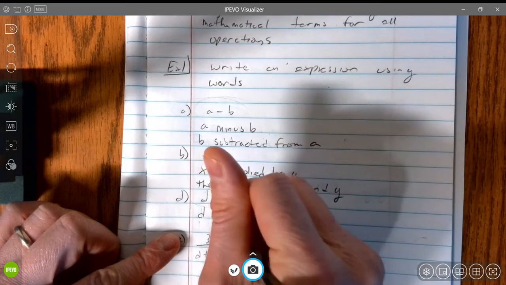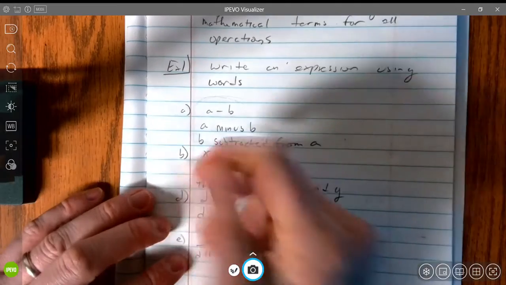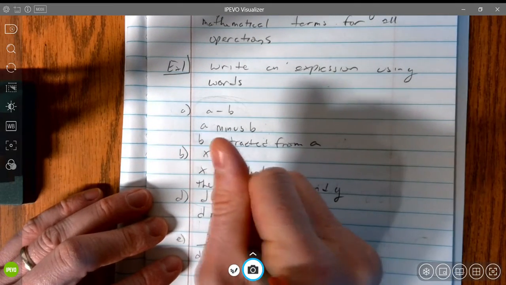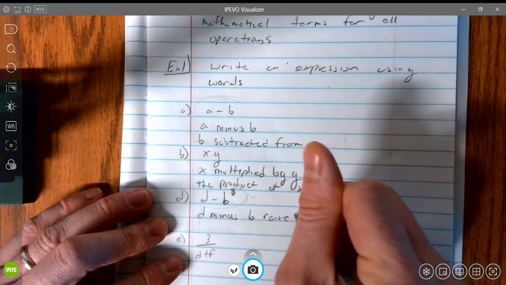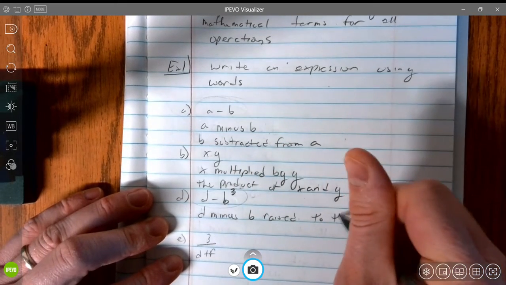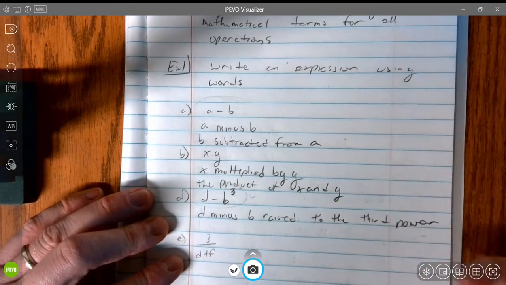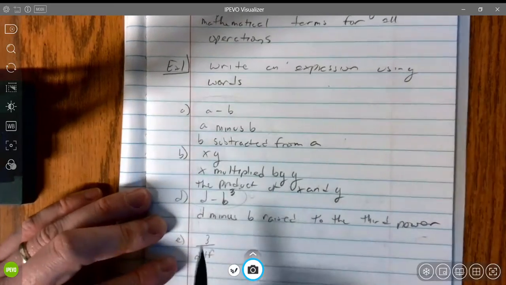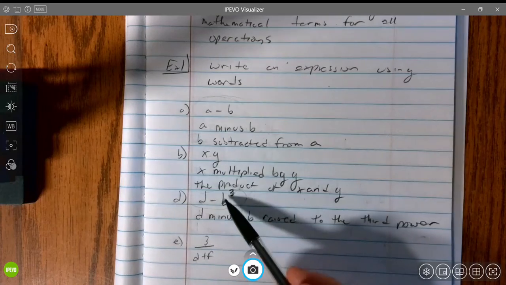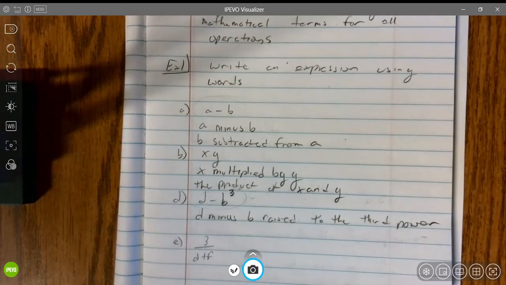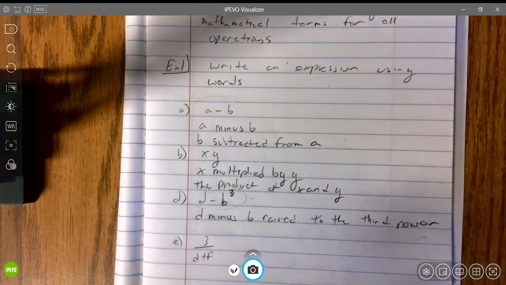D minus B raised to the third power. I could also say B to the third power subtracted from D, or the difference of D and B raised to the third power. Any of those things would work.